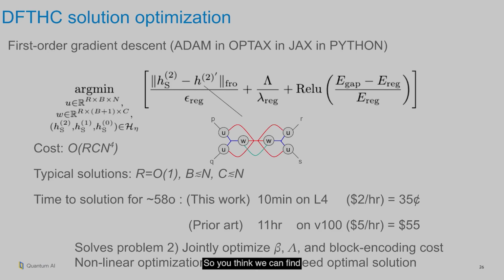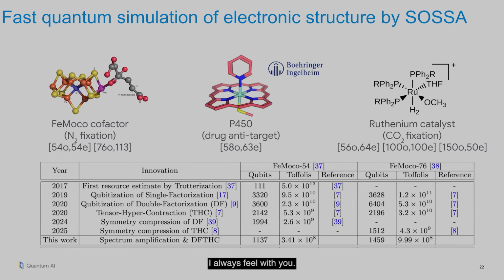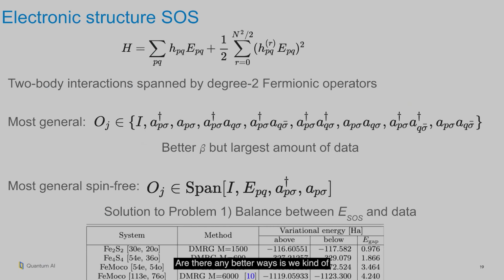Do you think we can find some better basis rather than the Pauli basis? Actually, I somehow consider similarly. This was one of the biggest questions. I always feel maybe are there any better bases where the terms are smaller and we can have better data in that sense? The short answer is kind of. Everything in the end is still going to be Pauli operators, but instead of looking at a basis spanned by individual Pauli operators or products of Pauli operators, you can define groups of such operators.